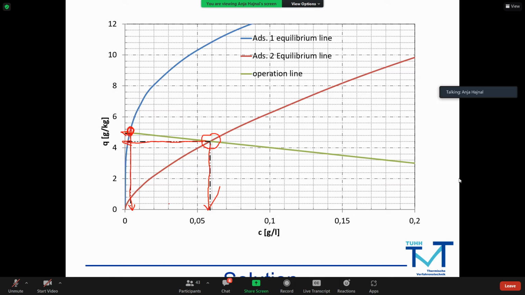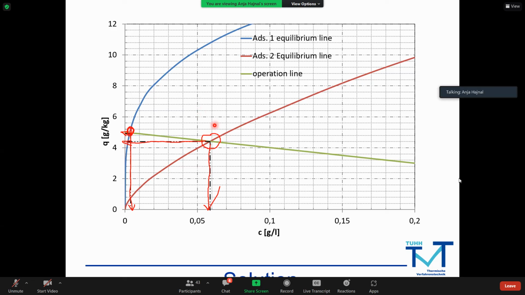And this is our composition for adsorber 2. Which one would you choose for your process and why? Do you have any ideas, suggestions? Could you please repeat the question?